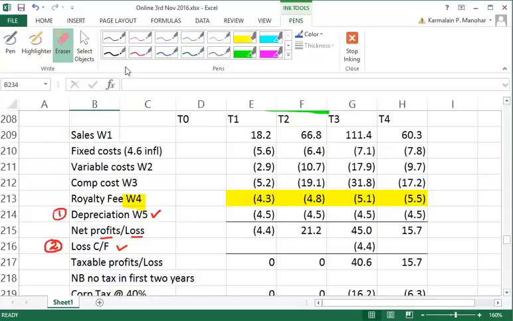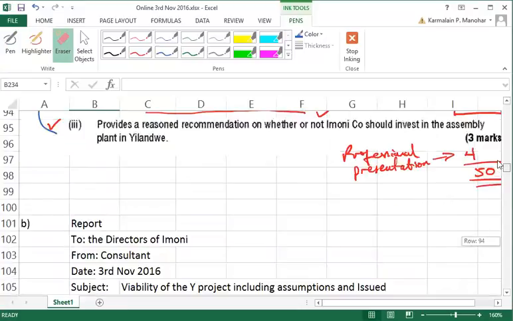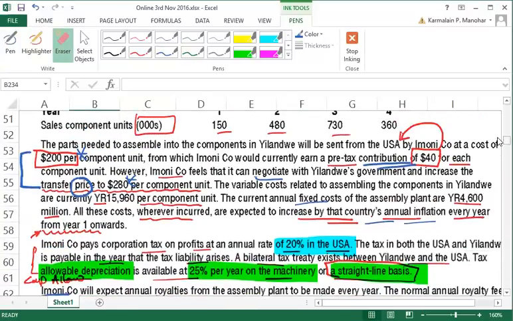Just trying to illustrate what the NPV process is doing. So, yeah. Currently, these things earn a pre-tax contribution of $40. So you have the sale price and you have the pre-tax contribution of $40.